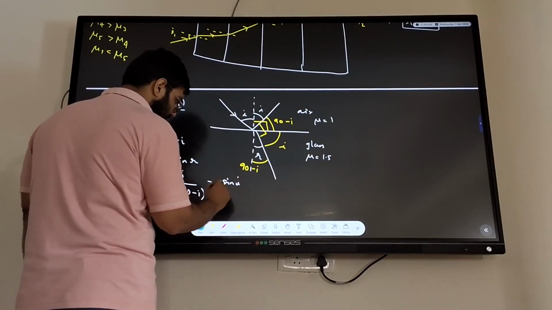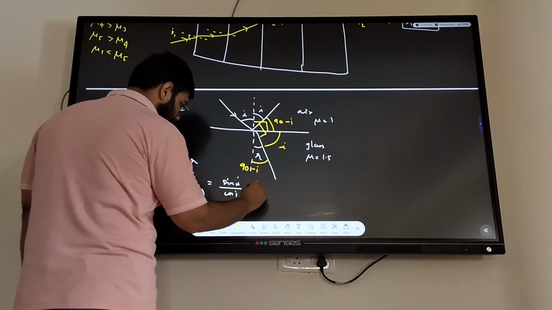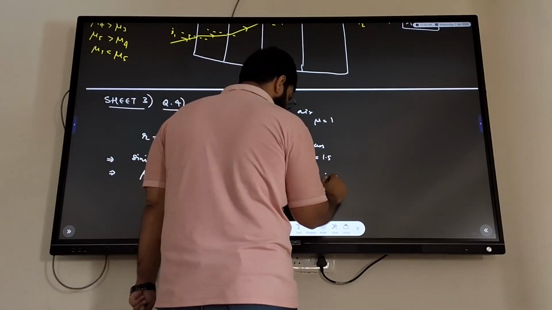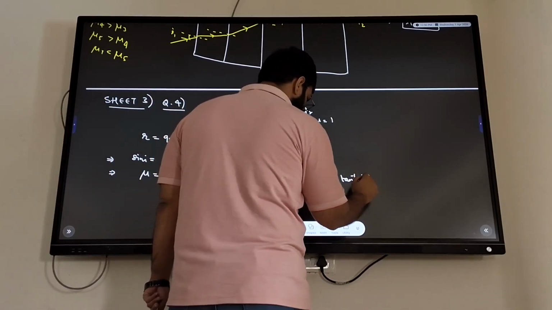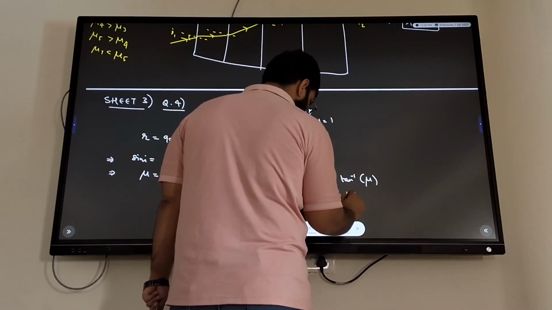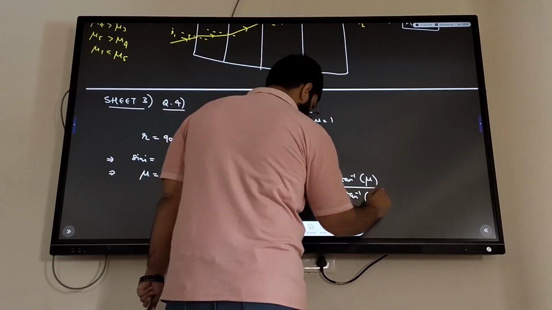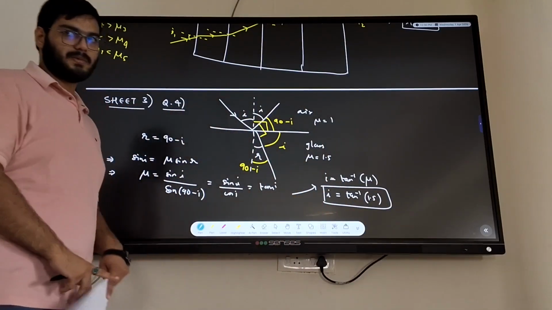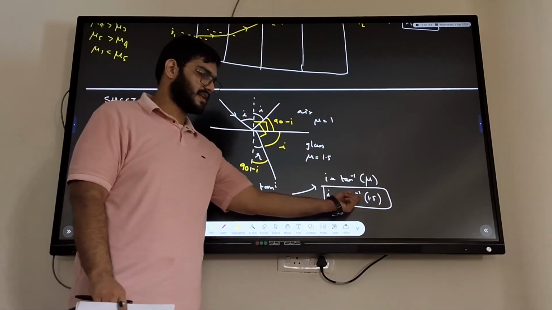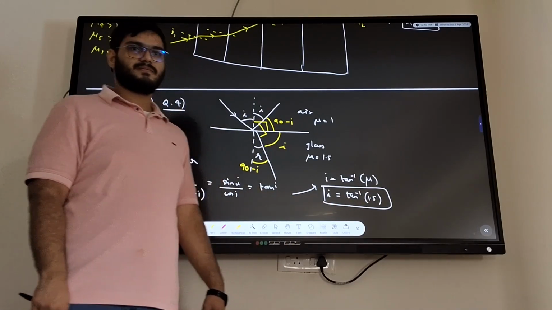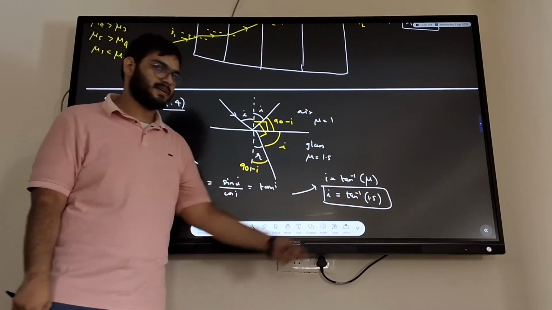So sin I by cos I, that will be tan I. Then what is I? Tan inverse of mu. And what is mu? 1.5. In the exam, maybe it will be mentioned that tan inverse 1.5 is 56.3 degrees. But if it is not mentioned, then leave it.